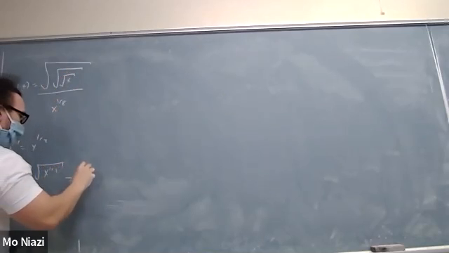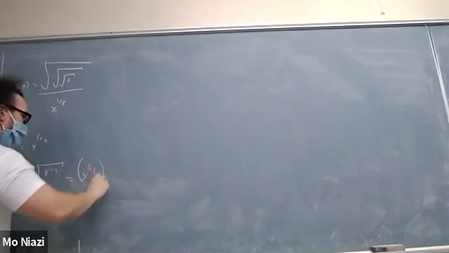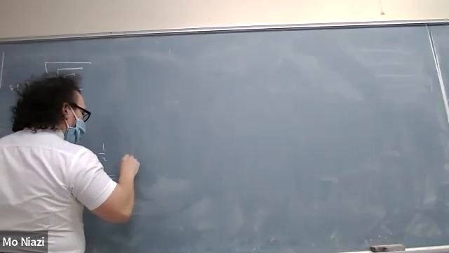This one looks very daunting, but really it's not that bad. Notice that the square root of x is equal to x to the 1/2. The square root of the square root of x is equal to the square root of x to the 1/2, which is x to the 1/2, all raised to the 1/2 power. When you raise a power to a power, powers multiply.